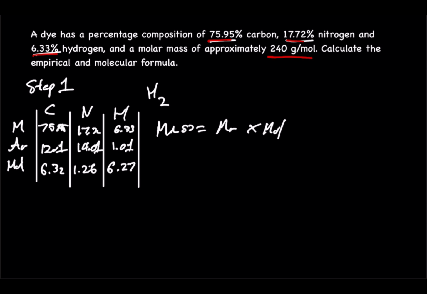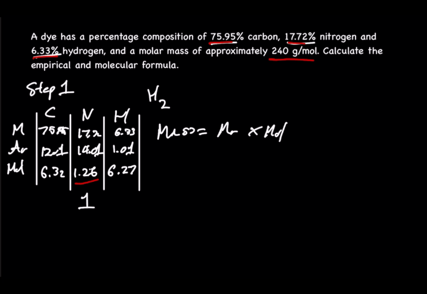6.27. You take your smallest one here and divide each other mole value by the smallest one. If you divide something by itself, obviously it's going to be 1. Then 6.32 divided by 1.26, you get 5.